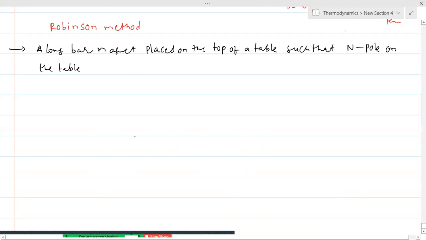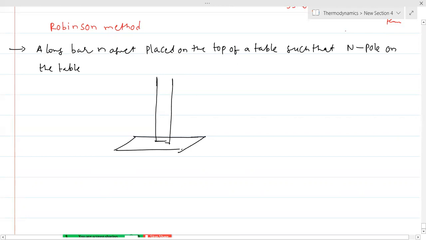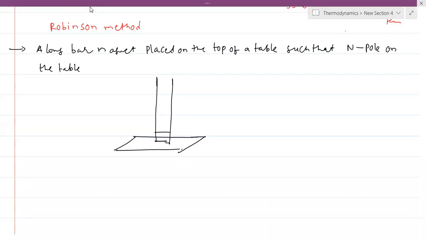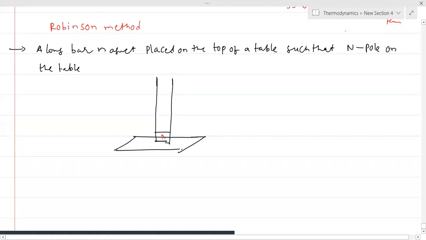So, for example, this is a table we are taking, and we are taking a very long bar magnet such that the North Pole is there on the table. This is very long, infinitely long.